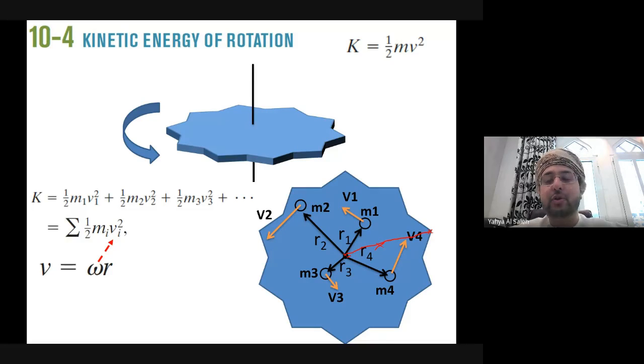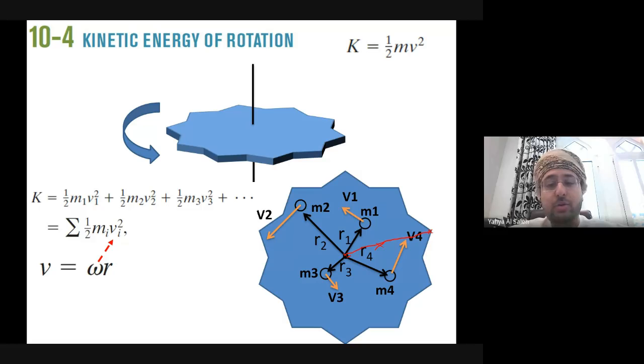Now, an average might work, but by definition, it will give you an average thing. It will not give you the actual value. So again, you have an issue.